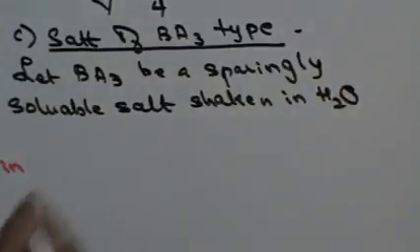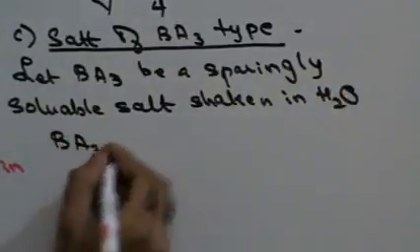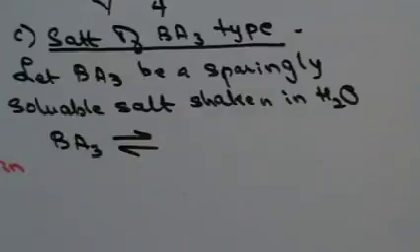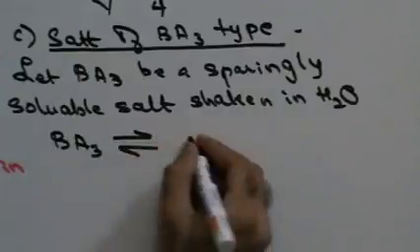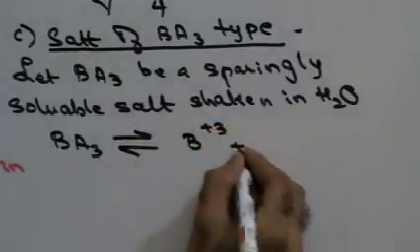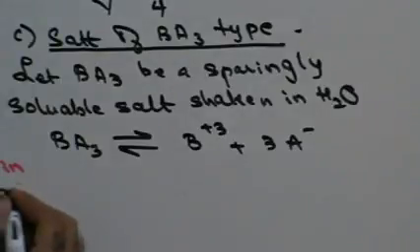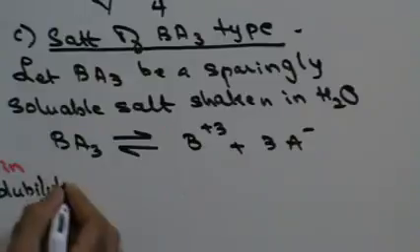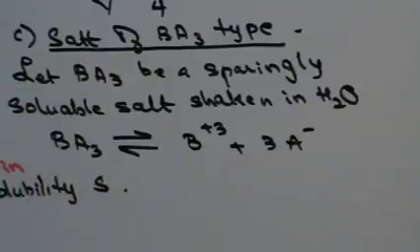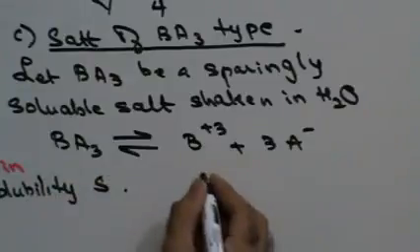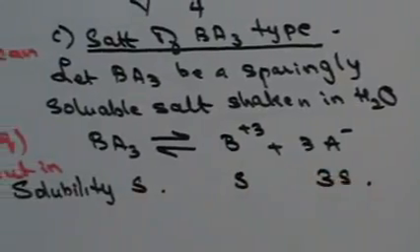So BA3 will dissociate to give you B plus 3, the valency of B being plus 3, plus 3A minus. If I consider the solubility of BA3 as S, then the solubility of B will be S and A will be 3S.